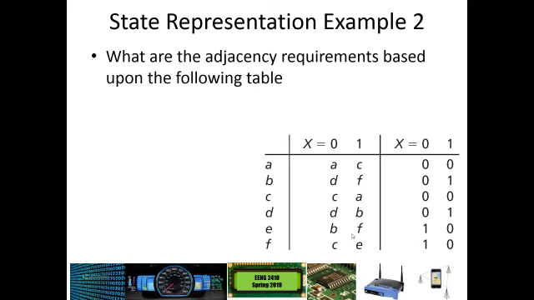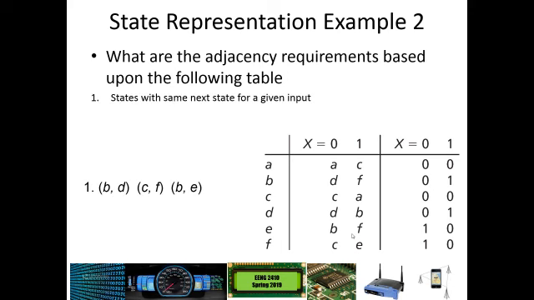We see that C and F both go to C, and so we might want to make C and F adjacent. Then, if we look over at our x equals 1 column, we notice that B and E both go to F, and those would be all of the ones that we have based upon those values. So we want BD, CF, and BE to be adjacent.